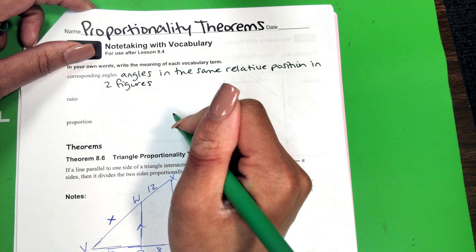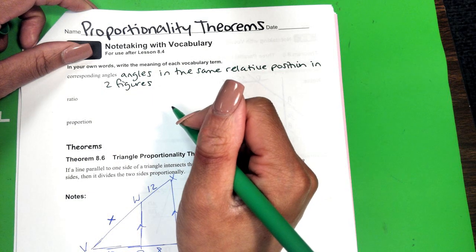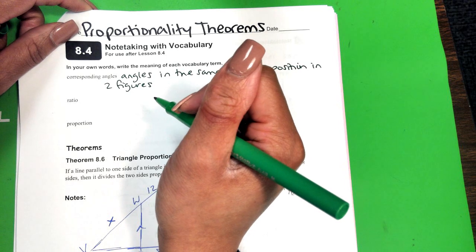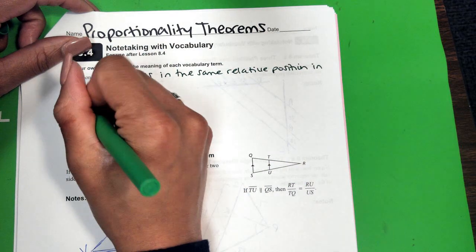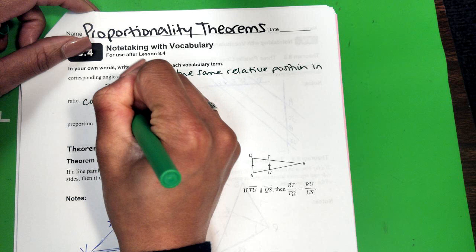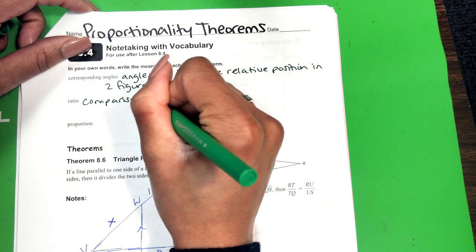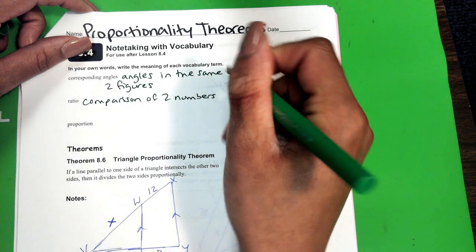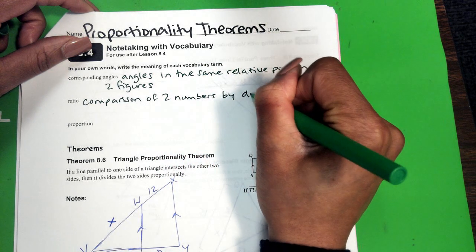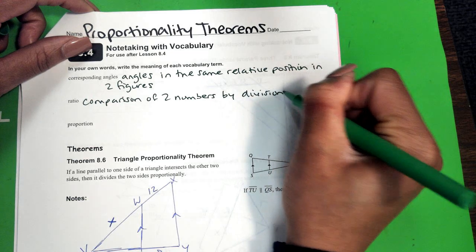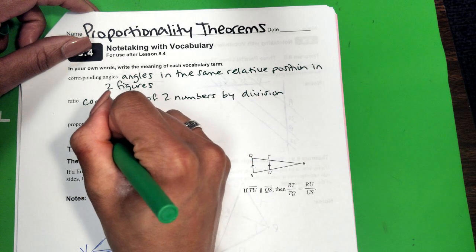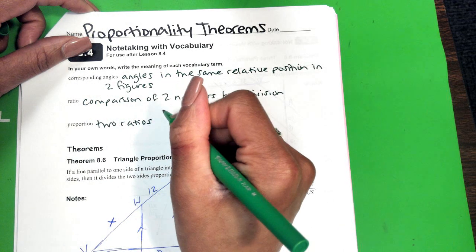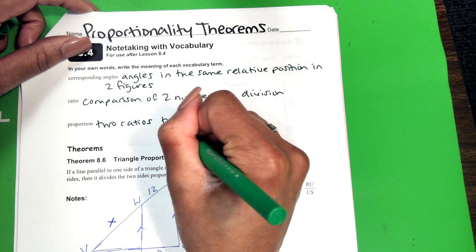Those are corresponding angles. The ratio, and that was in our very first part of this unit before we even talked about Chapter 8, is a comparison of two numbers by division. And a proportion are two ratios that are equal.